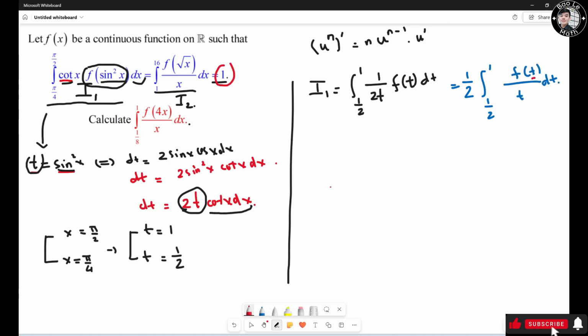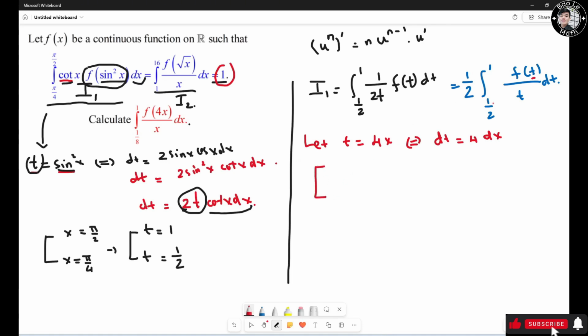Now I'm going to use substitution one more time. So I'm going to let t equals 4s, right? So I'm going to take the derivative of both sides. So it could be dt equals 4 ds, right? Now I need to find the new upper limit and lower limit, right?